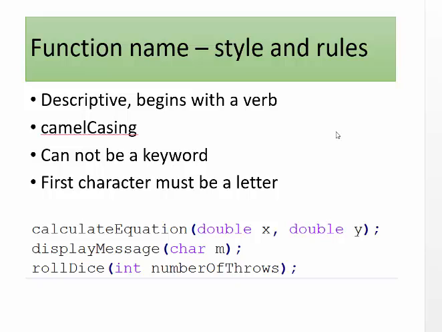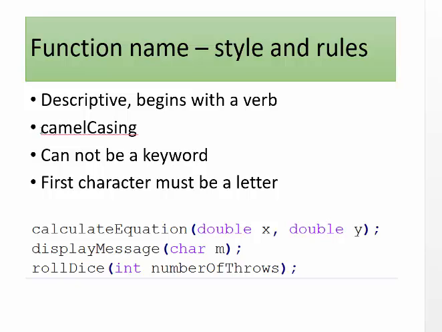The styles that we will use are what is defined by your employer, or in this case, what's defined by our class. When you name your function, it has to be descriptive, and it has to begin with a verb. Functions do something. They take actions. They perform something. So name your function with a verb.